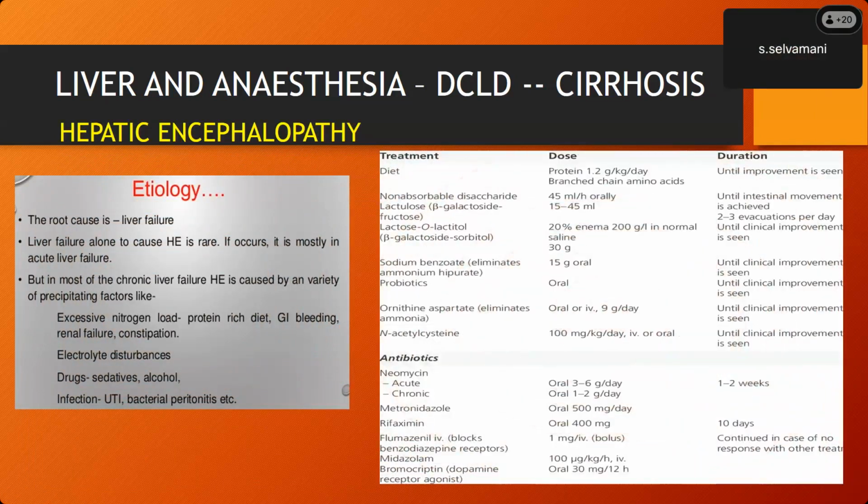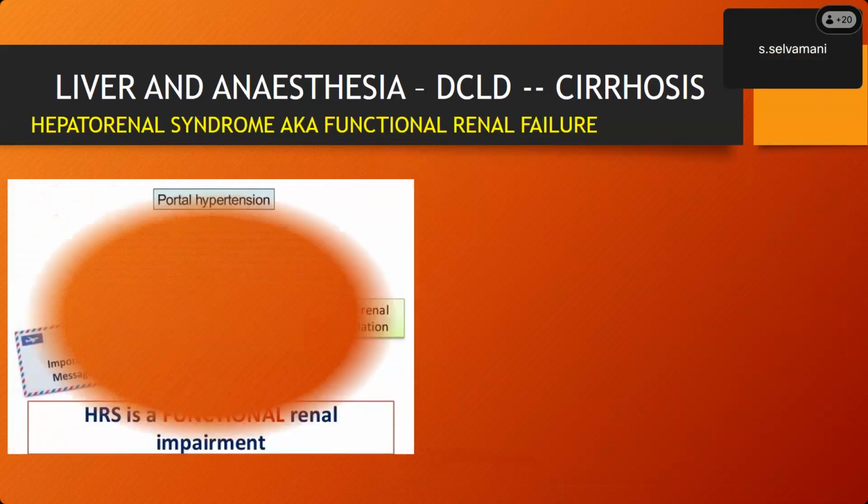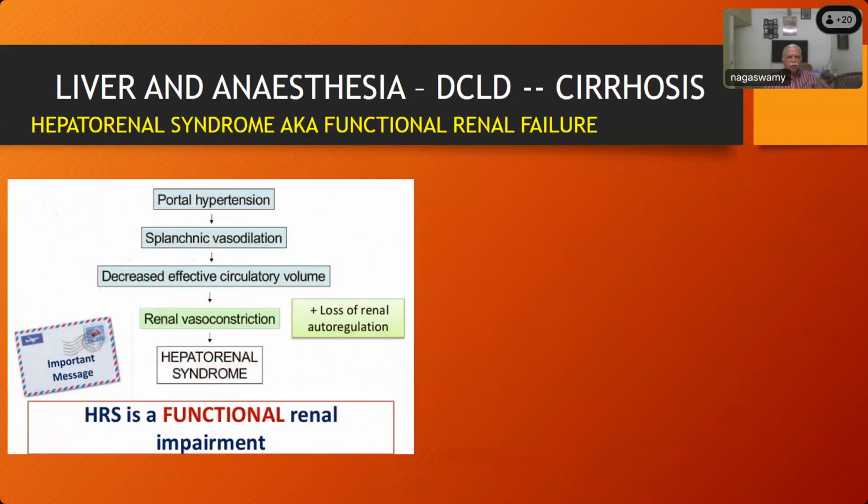And the etiology is liver root cause. So how does it affect and produce HRS is the one: portal hypertension causing splanchnic vasodilatation, decreased effective circulatory volume, so renal vasoconstriction and hepatorenal syndrome.